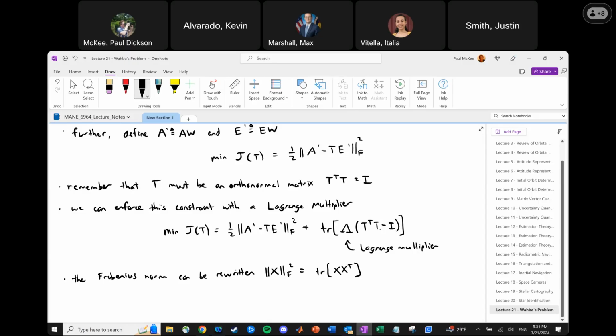Following that, there's going to be some fancy footwork coming up in a minute, but we want as many traces as possible here. So this would be the min J of T is equal to 1/2 times the trace of (A prime minus T E prime)(A prime minus T E prime) transpose, plus the trace of Lagrange multiplier times our constraint, T T transpose minus I.